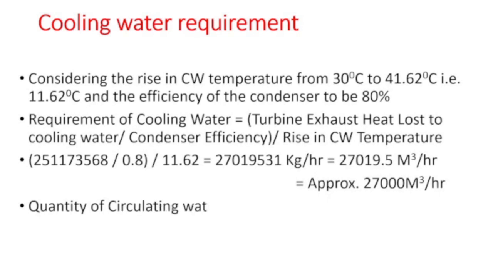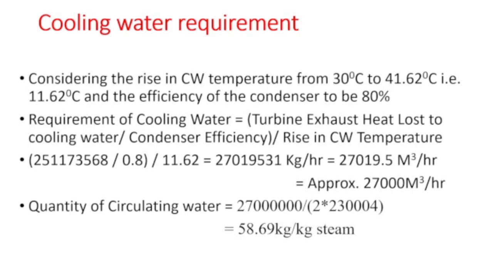So it comes out to be approximately 27,000 meter cube per hour. The quantity of circulating water for the steam would be around 58.69 kg circulating water per kg of steam. This much water would be required.